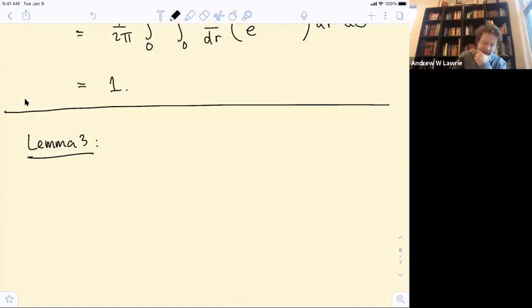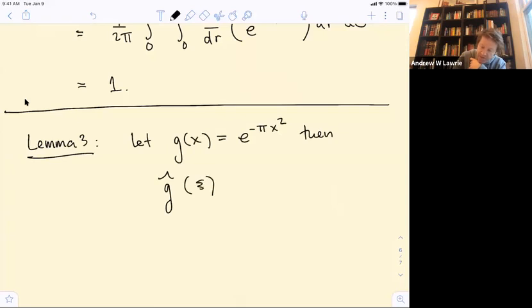I can show that if I let g of x be equal to e to the minus pi x squared, let's call this g for Gaussian, then the Fourier transform g hat of xi is equal to e to the minus pi xi squared. That's cool. You take this function's Fourier transform, you get the function back again. So the Fourier transform of the Gaussian function is just another Gaussian function.